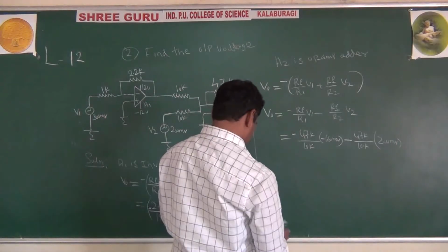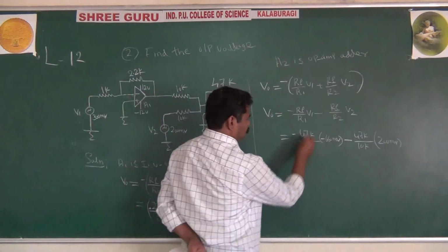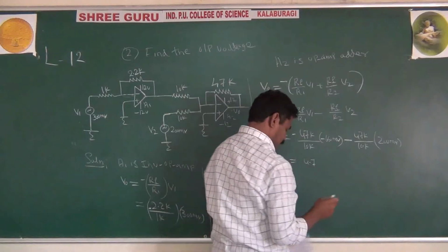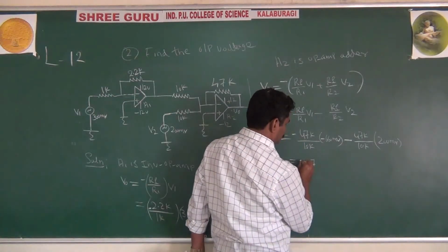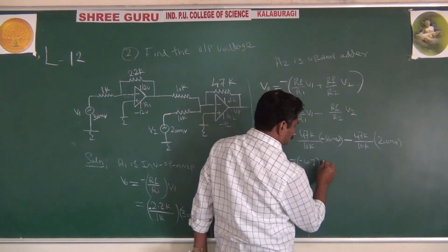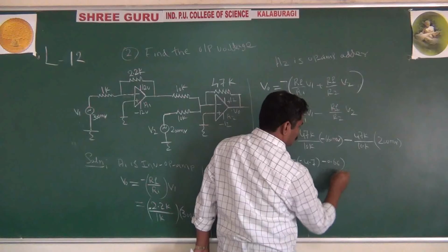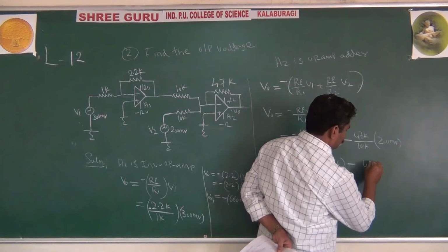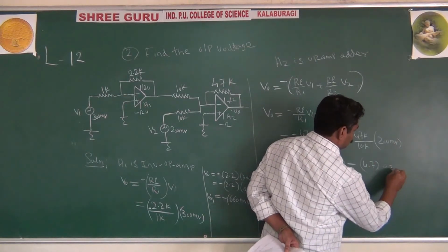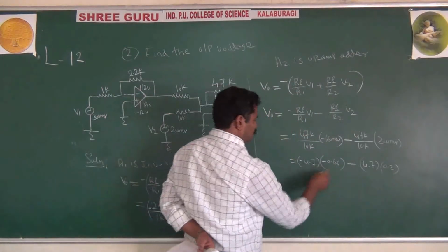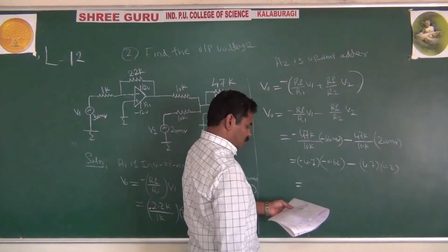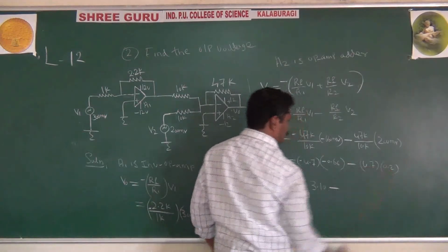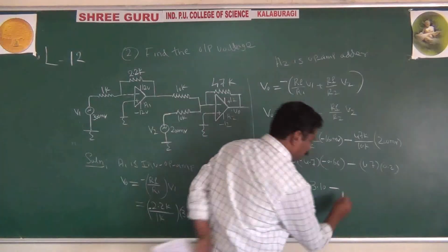You can simplify it. 47 by 10 is nothing but 4.7, and here you may get 0.66, minus 4.7 into 0.2. Simplifying, minus into minus gives plus 4.7 into 0.66, which is about 3.10, and minus 4.7 into 0.2 is about 0.94.